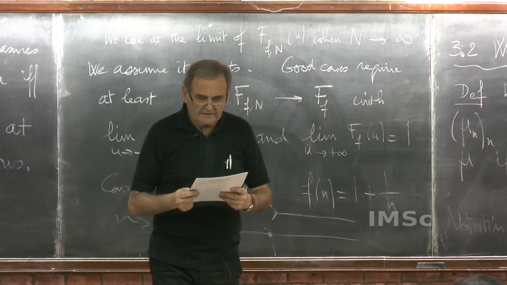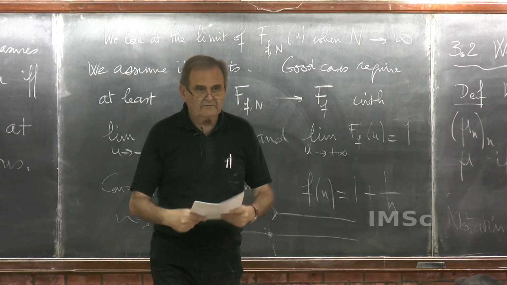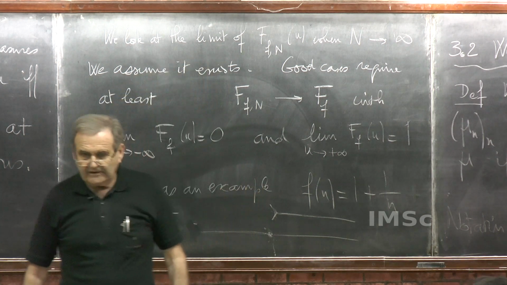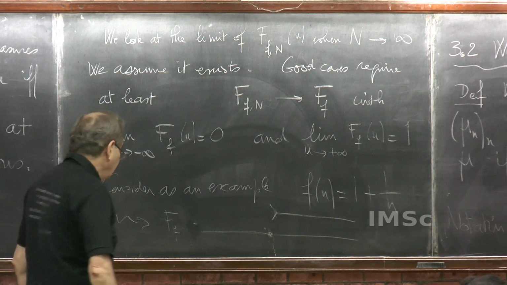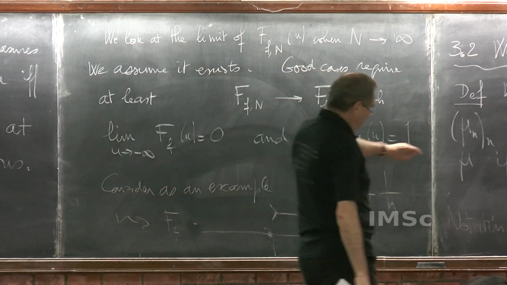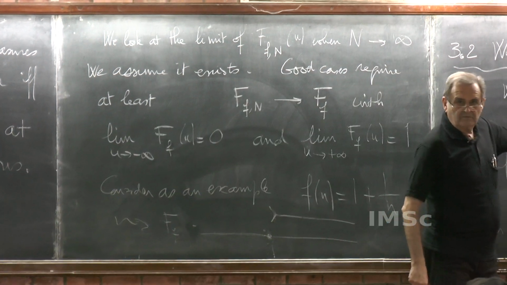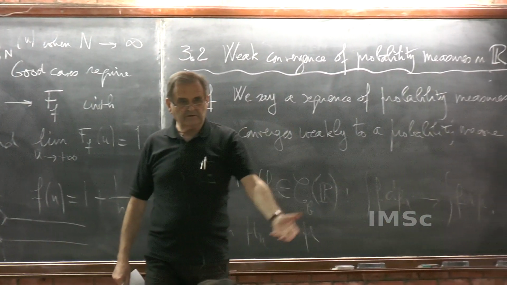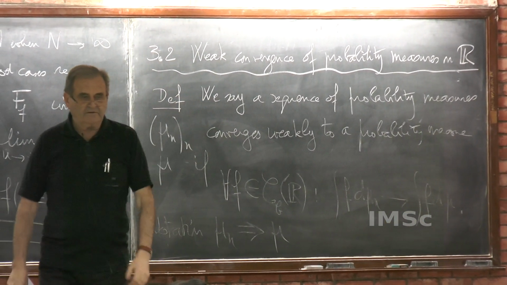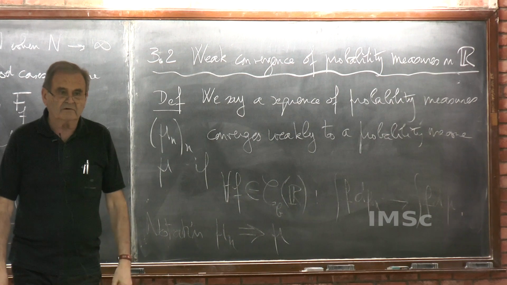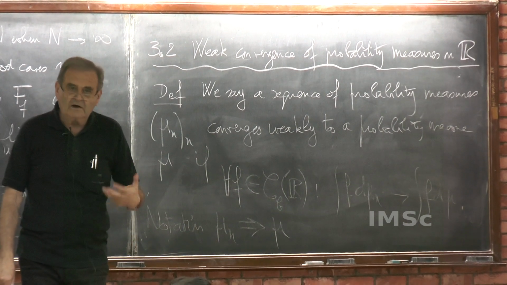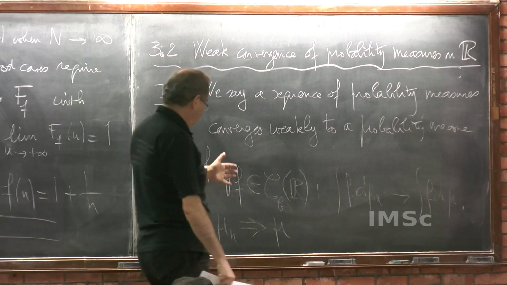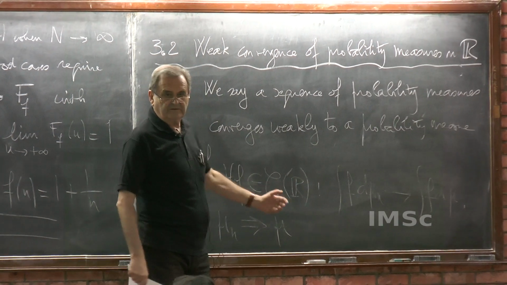Good. Then there is also another point that instead, as you know, instead of integrating all the bounded continuous functions, you may have a certain subset of these which is enough, which is dense in some way, so that if it is true on this set of functions, it will be true for all bounded continuous functions.